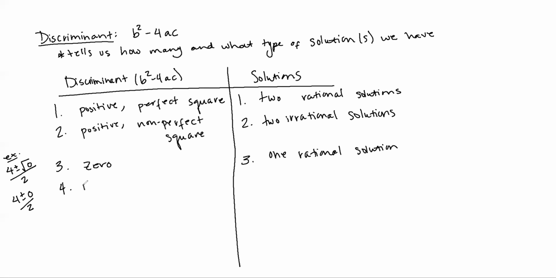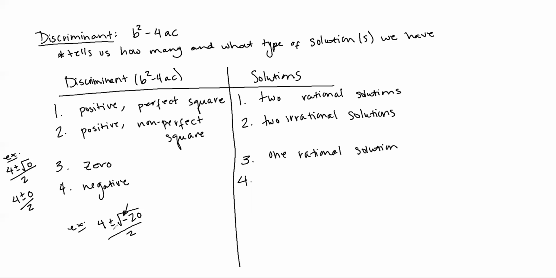Because then our last one is if we have a negative number under the square root. Now, this can be a negative perfect square or non-perfect square, because in both of those cases we have a negative under the radical. So let's say we had 4 plus or minus the square root of negative 20 over 2. What does a negative number indicate? That indicates that we have an imaginary solution.